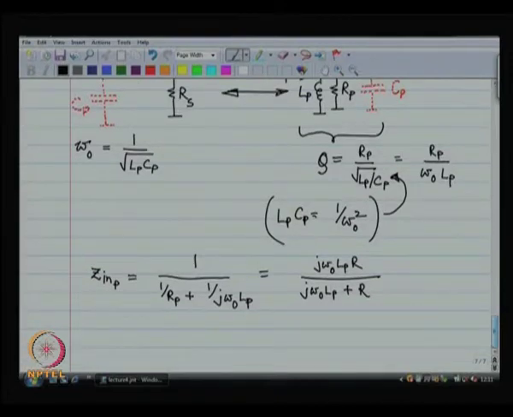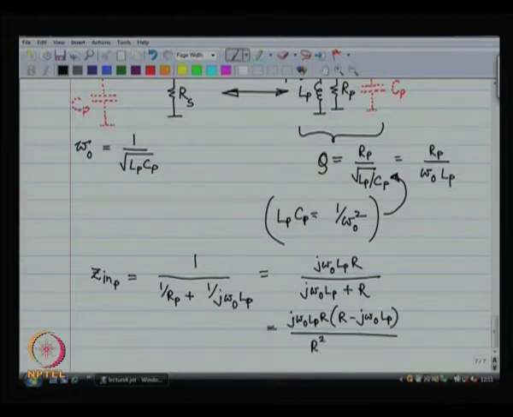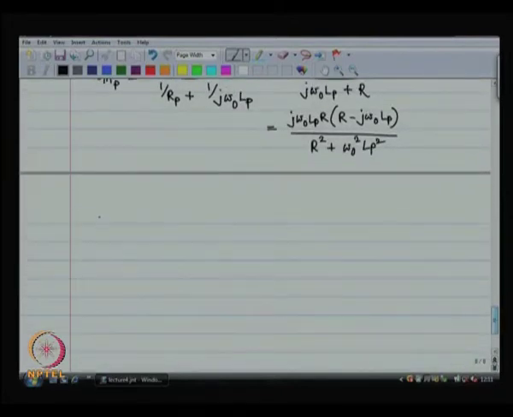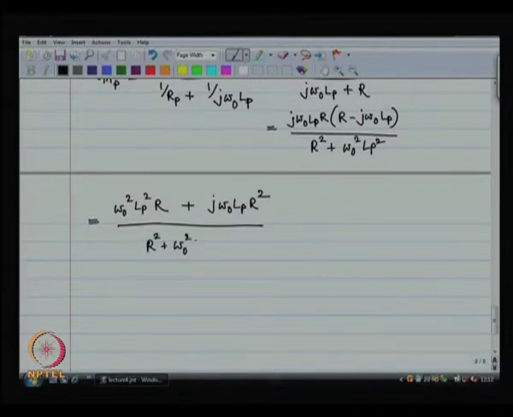So, this is the input impedance. Now, if I want to find out the real and imaginary parts of this, I have to multiply the numerator by the complex conjugate of the denominator, and so this is what I have got.